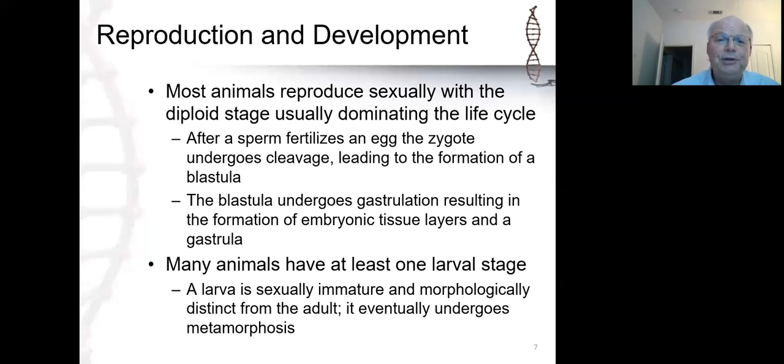Then we have the third distinctive stage, or the second distinctive stage, the third stage of embryological development, gastrulation, where you have this reorganization of the embryo and the emergence of the germ layers, either 2 layers or 3 layers, depending on the type of symmetry that you have associated with the body plan of the adult.